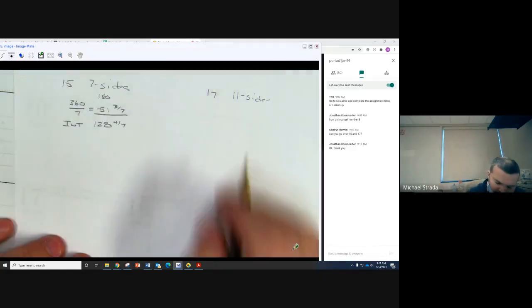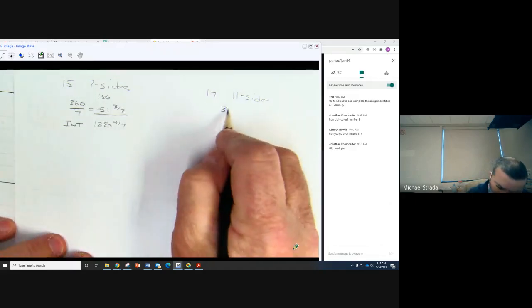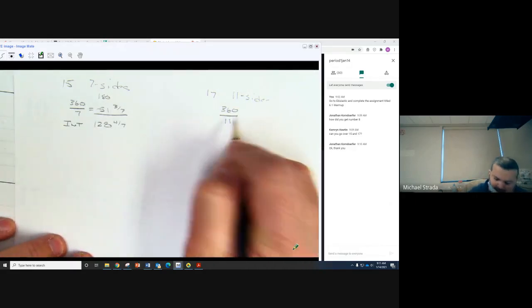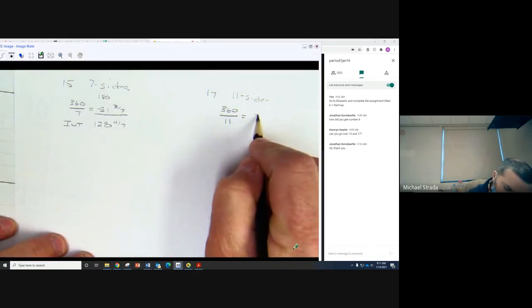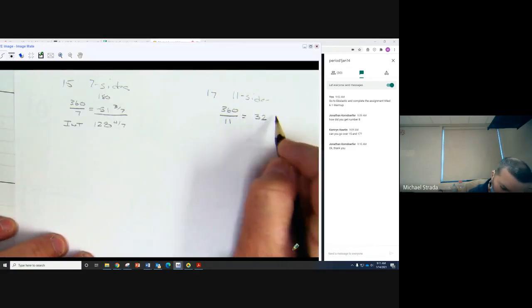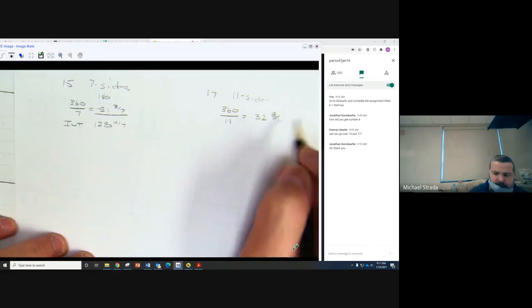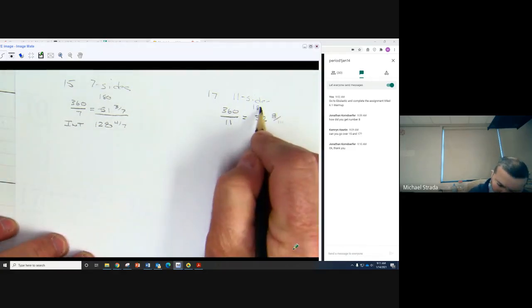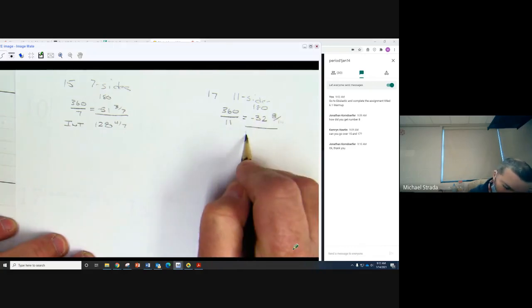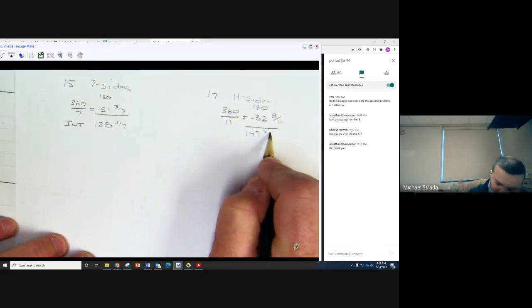Number 17, 11 sides, same idea. An undecagon, 360 divided by 11. 11 goes into 36 32 times and 8/11, I believe. So again, we subtract that from 180. And we get 147 and 3/11.